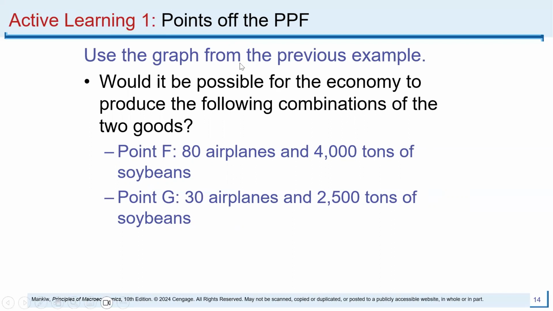Here I would strongly encourage you to have a pen and paper to do it by yourself. Use the graph from the previous example. Would it be possible for the economy to produce the following combinations of the two goods? Point F: 80 airplanes and 4,000 tons of soybeans.